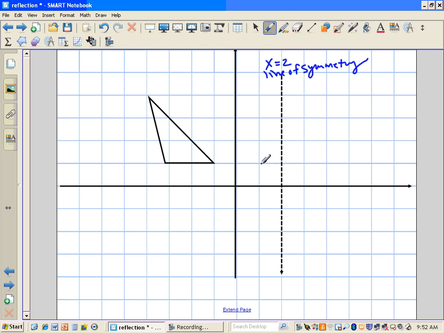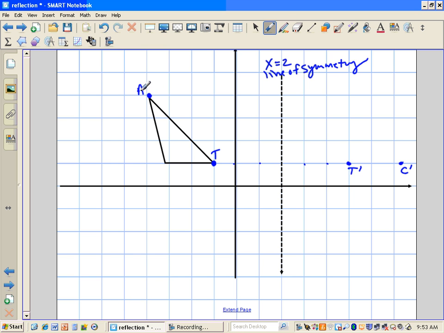This is 1, 2, 3 away, if this is point T. So we need to go from the line of symmetry, 1, 2, 3 away is point T prime. And then 1, 2 and a little bit, and here's going to be C prime.